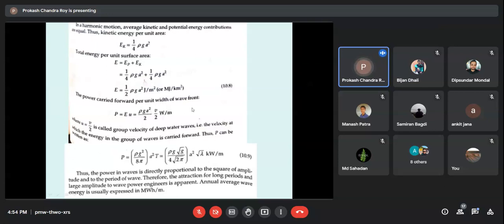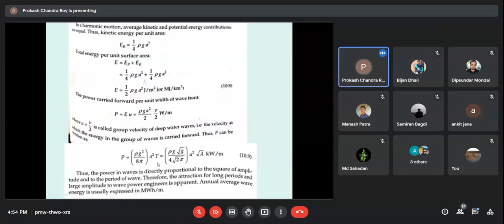So here you have the square of the amplitude, and here this v by u is called the group velocity of the deep water waves, the velocity at which the energy in the group wave is carried forward. So ultimately, you have a relation by which power can be estimated.